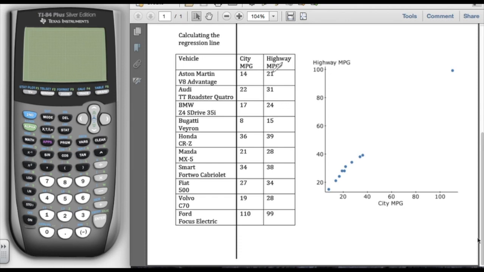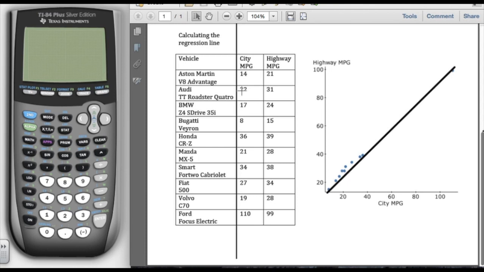I have their miles per gallon on the highway. And this is the scatter plot that I see. And this data seems to be fairly linear. Draw a pretty good line. I don't see a clear curve here. So I can make some calculations.